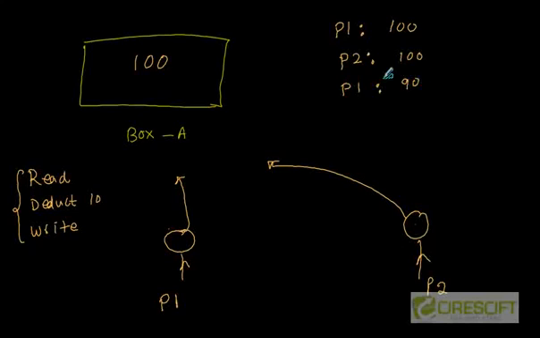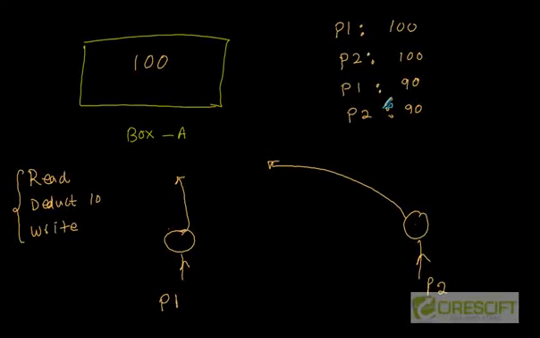P2 also deducts, because P2 also got 100, so his number is 90.